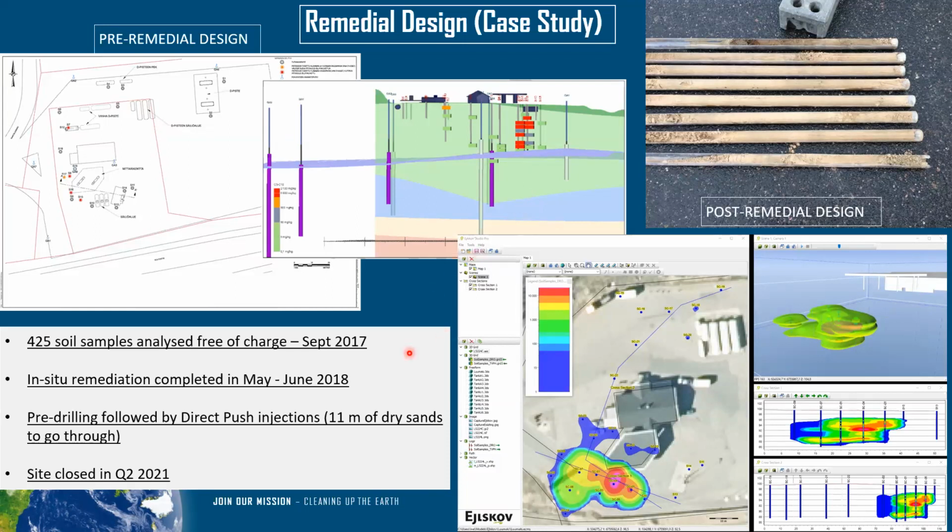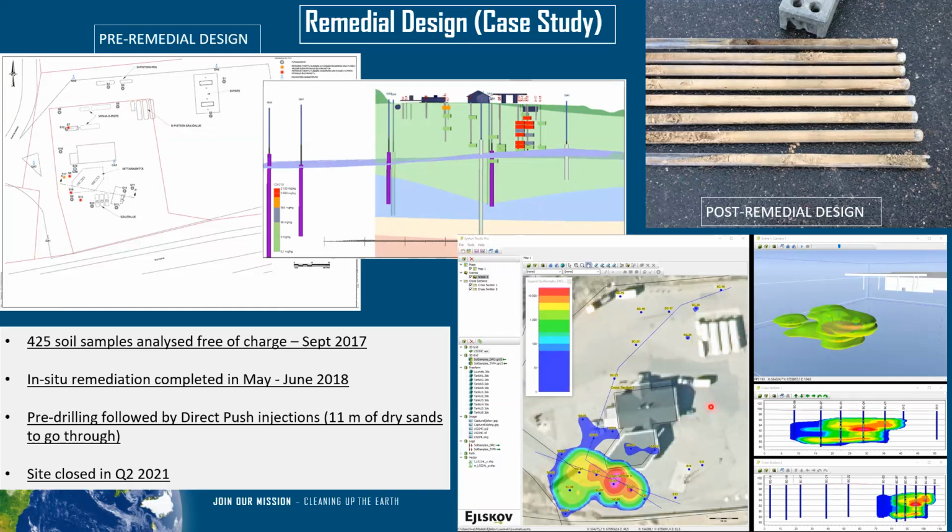In this case, by using dual tube sampling, we were able to actually find out that to do injections at this site, we would have needed to go through a phase of pre-drilling because of the presence of 11 meters of totally bone dry sands.